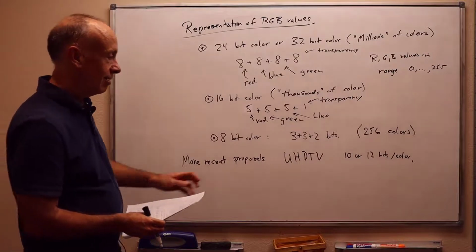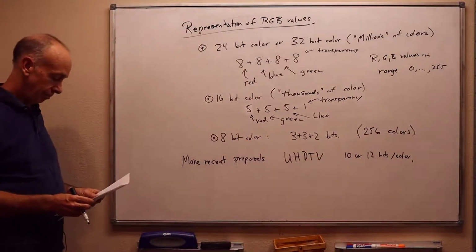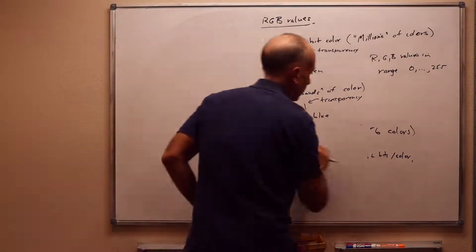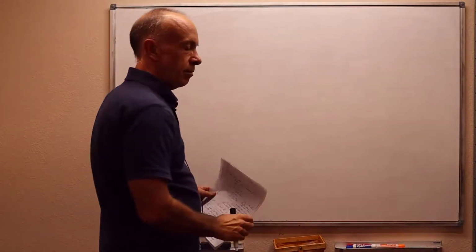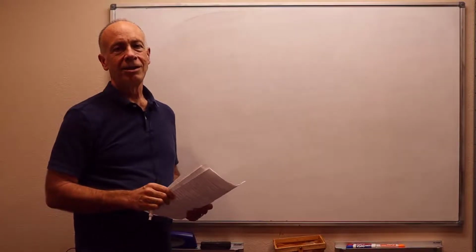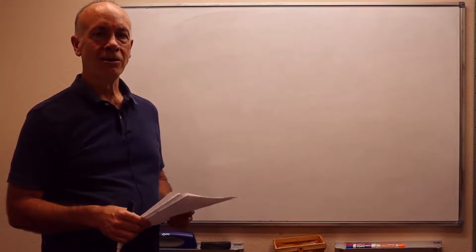So there is some definite movement towards having more colors available. The problem with having too many colors available in your representation is that it makes file sizes larger and makes, say, transmission over the internet slower and so forth.